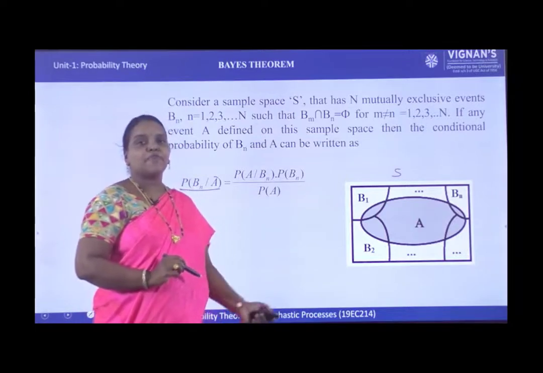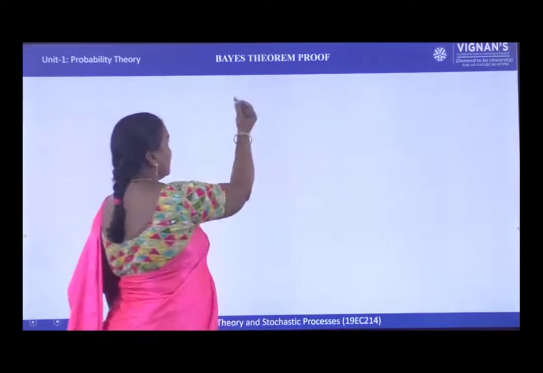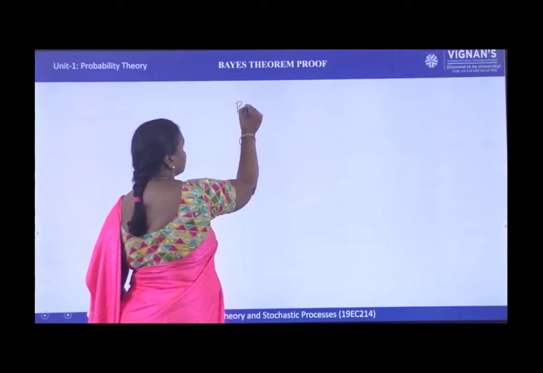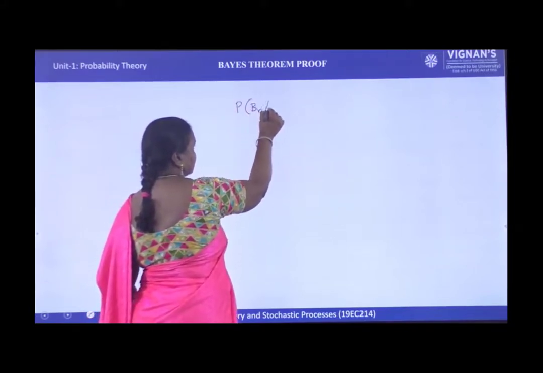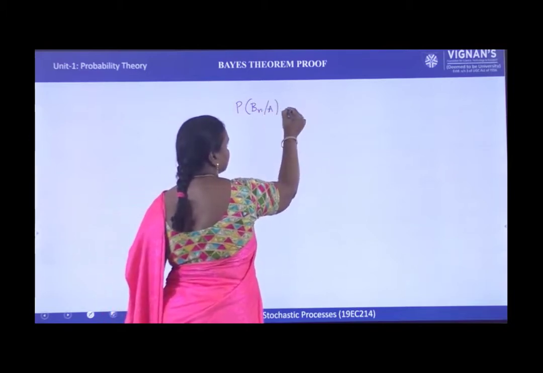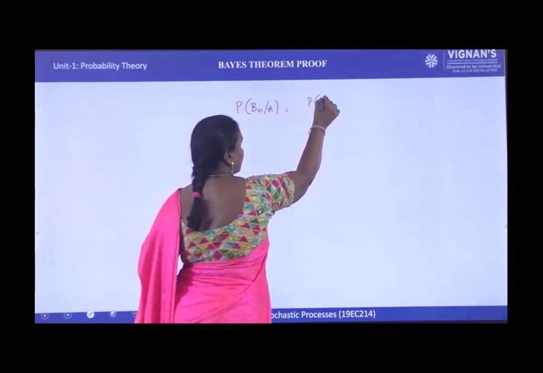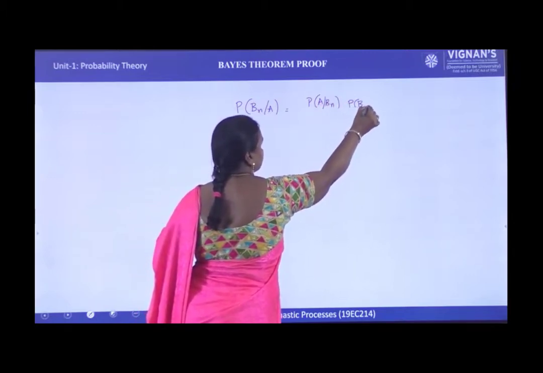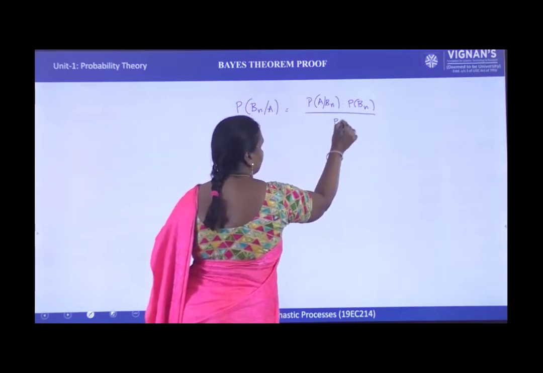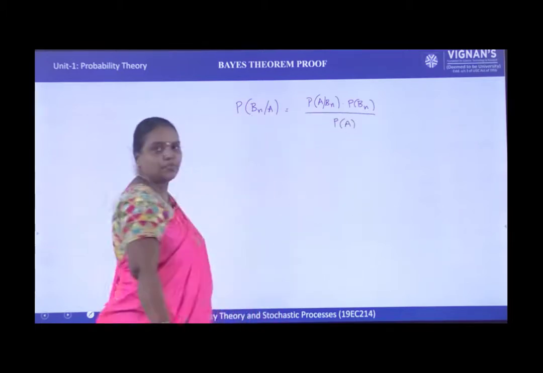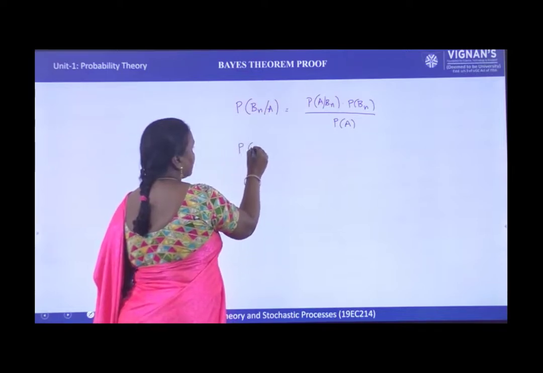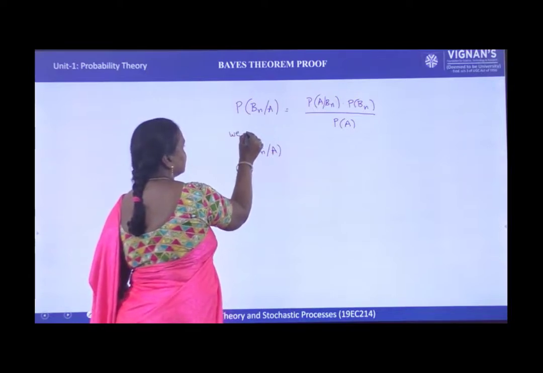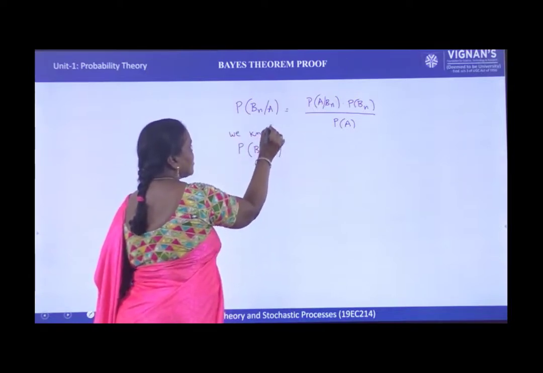Now let us see the proof of Bayes theorem. So what is the theorem? P of Bn by A is equal to P of A by Bn into P of Bn by P of A. This we need to prove. According to the conditional probability, what is P of A by B?